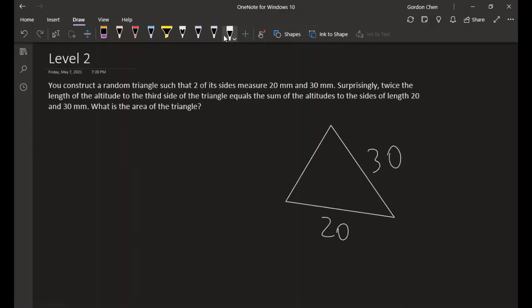And the third altitude is the average of the first two altitudes. So the three altitudes are h1, h2, and (h1 plus h2) over 2.